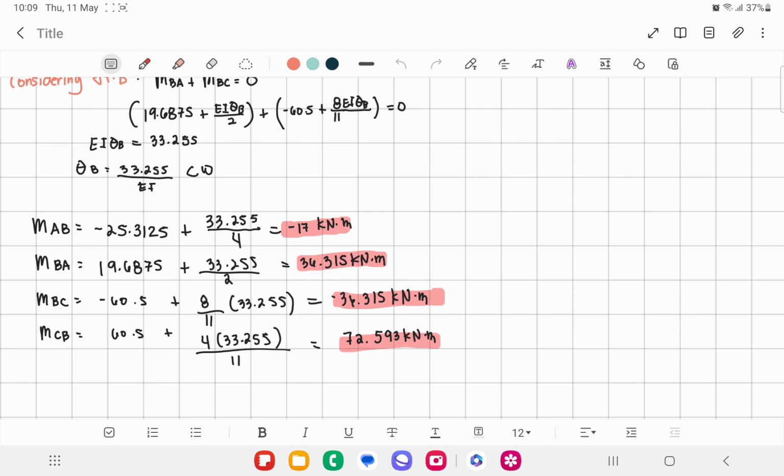Therefore, our earlier concept was correct, that the internal moments BA and BC are equal but opposite in their signs. And for moment at CB, we computed 72.6 or 59.3 kilonewton meter.